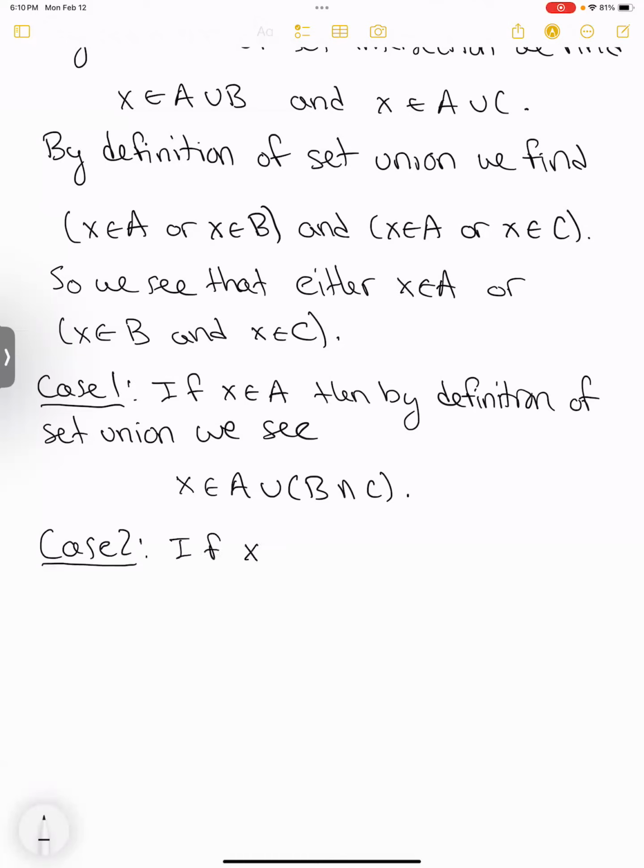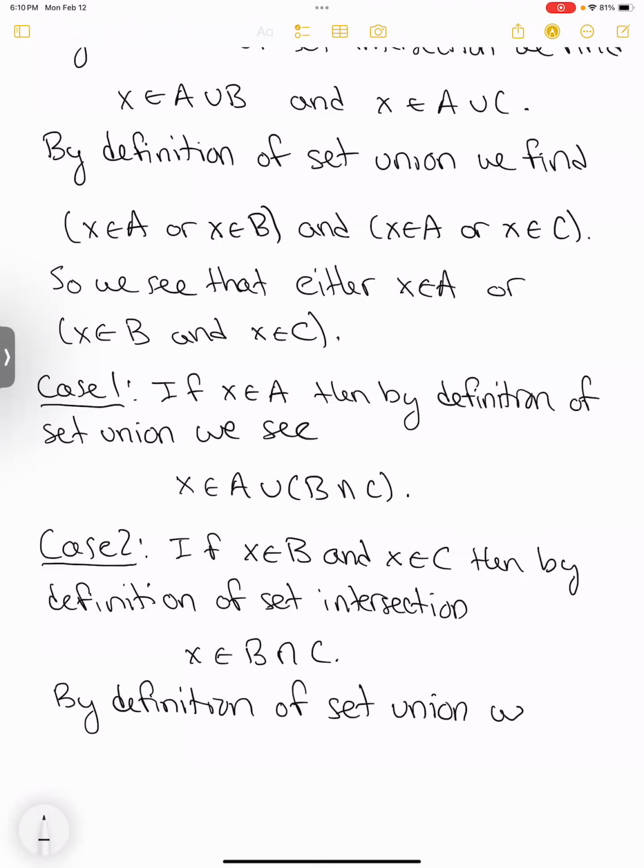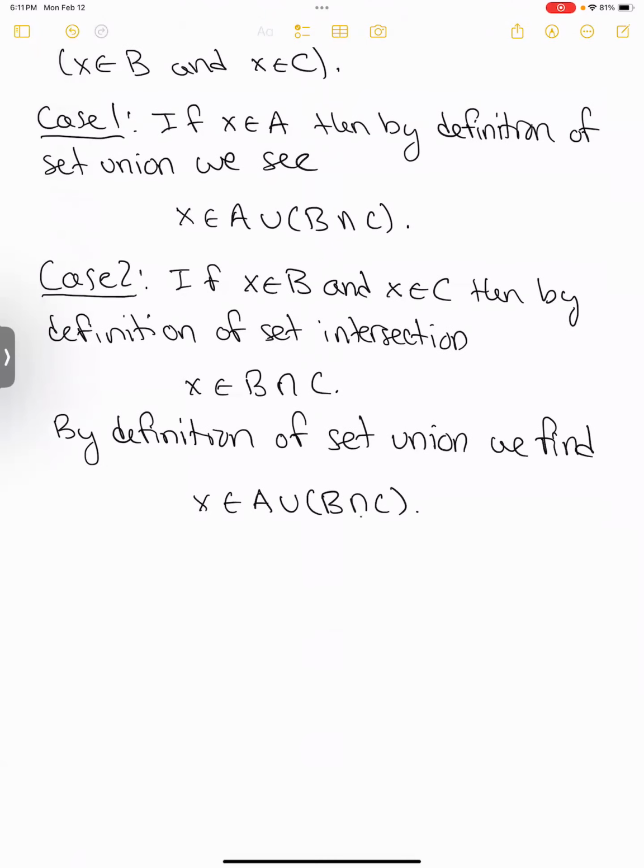If X is in B and X is in C, then by definition of set intersection, X is in B intersect C. Okay, but now by definition of set union, we find then that X is in A union B intersect C. Yeah, because if you're in B intersect C, then you're in the union of B intersect C with anything else, basically.